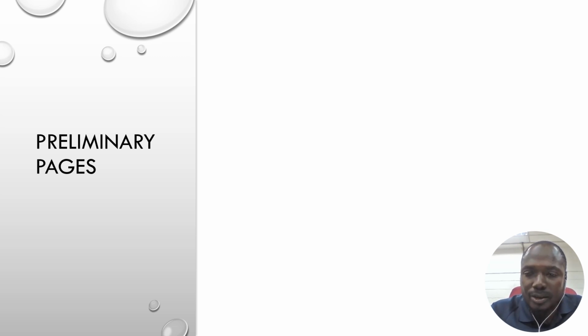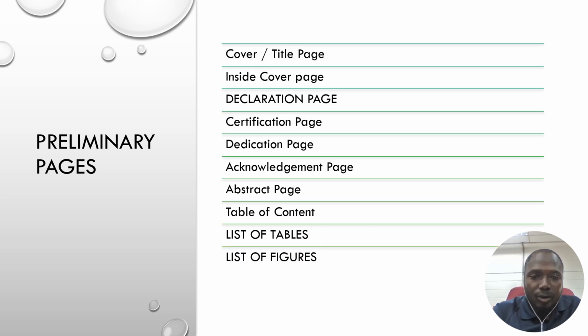Based on this one, you are going to stop at chapter 5. But some at higher level, like during your masters or PhD, you can go up to chapter 6. So in the preliminary pages, we'll be discussing, one, the cover or title page.